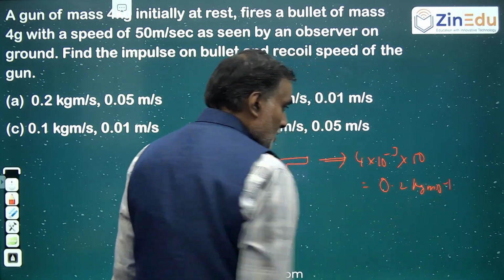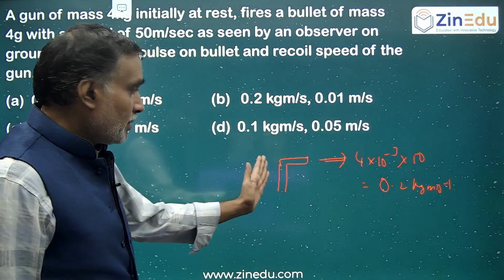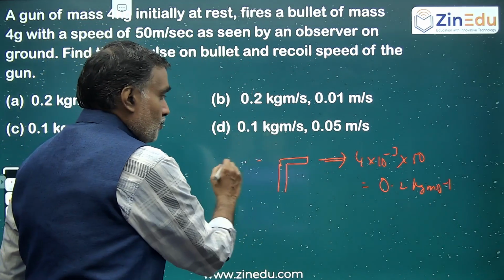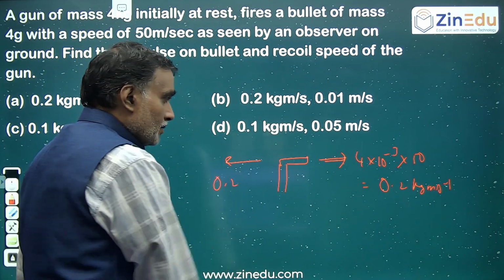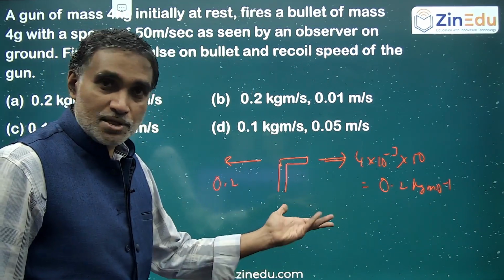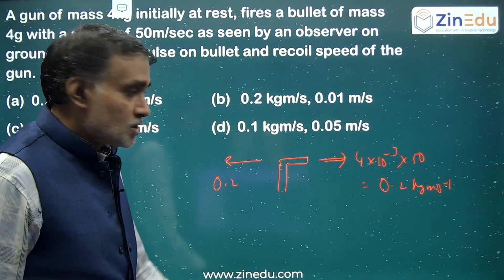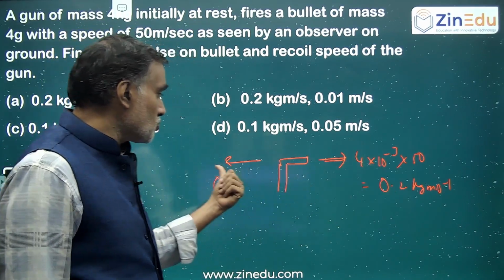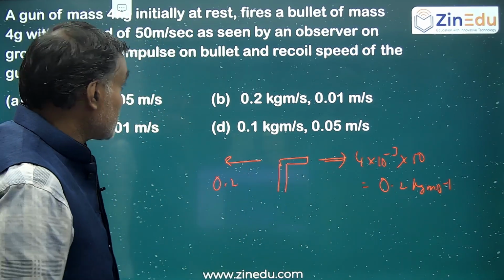That means momentum of the gun should also be the same, 0.2 in the opposite direction. Because initial momentum of the system is 0, final momentum should also be 0. So, if bullet comes out in this direction, gun should go back in the opposite direction with the same momentum.